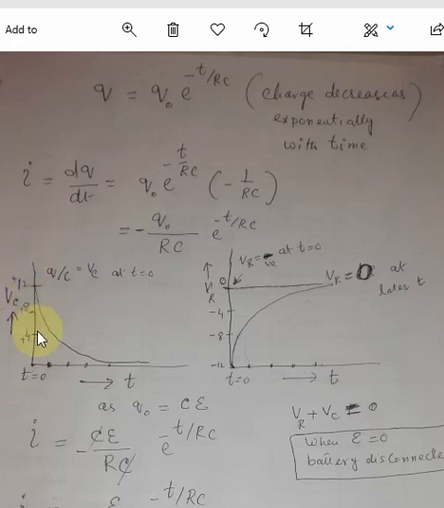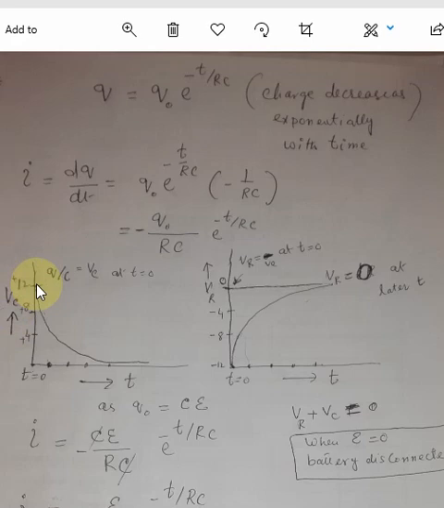And you must remember that the capacitor was fully charged at t equal to 0. It was charged to its peak value, so if Q is at its peak, Vc will also be maximum. So at t equal to 0, Vc is maximum because Q is maximum, and let that maximum value of Vc be equal to plus 12 volts.